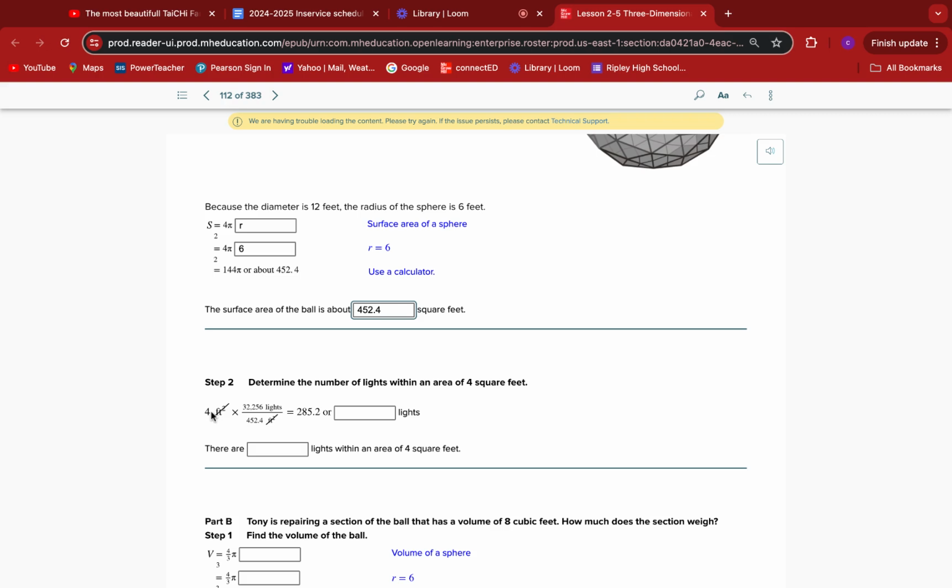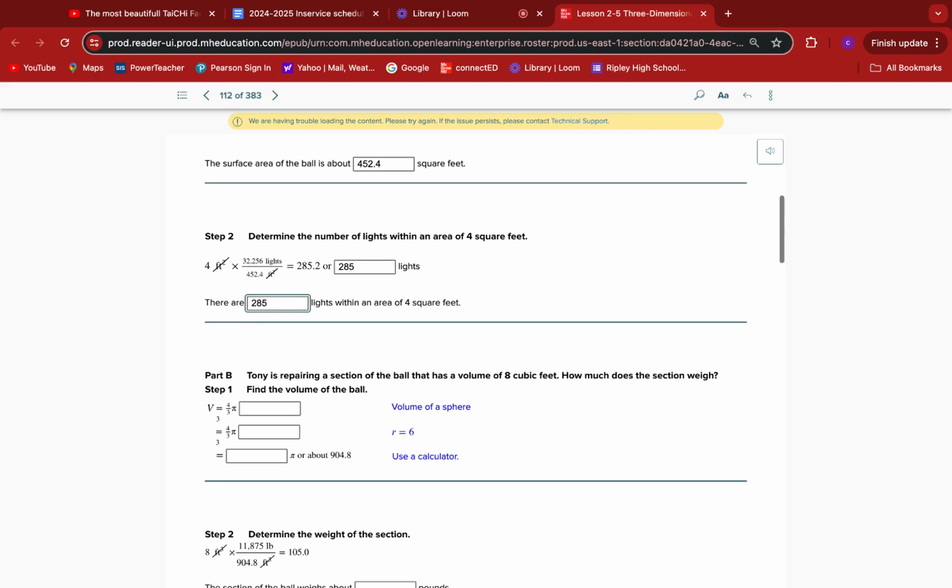And you can basically just grab a calculator and multiply this straight out. So that's going to give you 285 lights. So there are 285 lights within the area of 4 square feet.